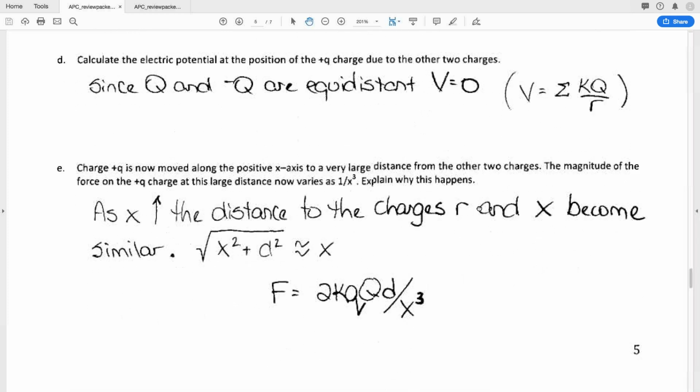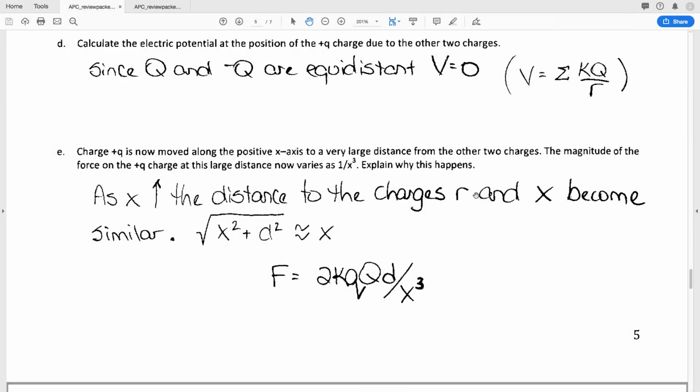And then finally, charge positive Q is now moved along the x-axis to a very large distance away. I was going to say that we could assume infinity, but then we see in the next statement that the magnitude of the force on the positive Q charge at this large distance now varies as 1 over x cubed.